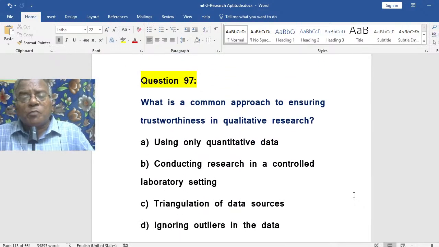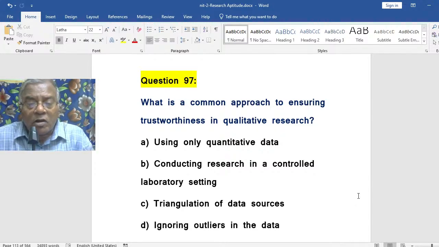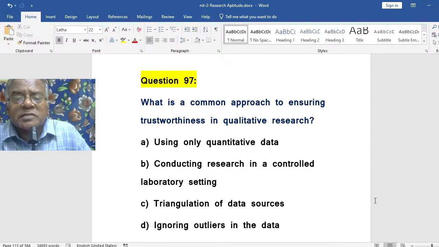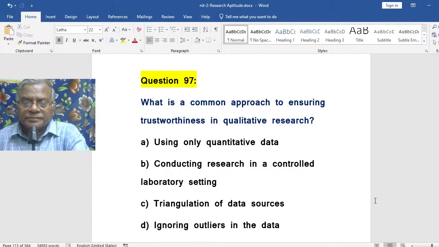What is a common approach to ensuring trustworthiness in qualitative research? Just see all the 4 alternatives.